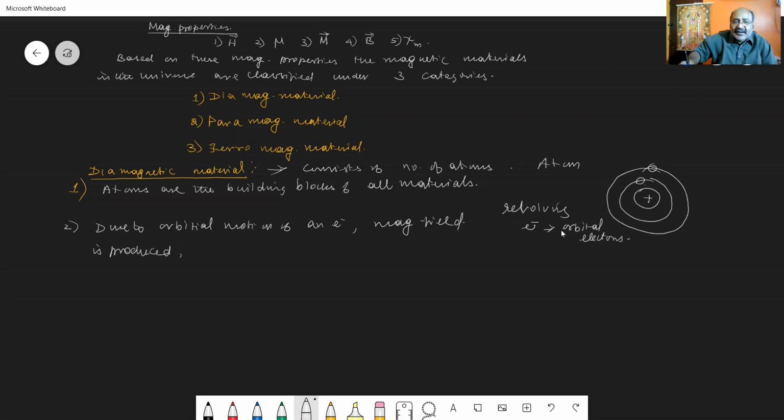In what direction? In a direction perpendicular to the plane in which the electron is revolving. Due to the orbital motion of the electron, a magnetic field is produced.